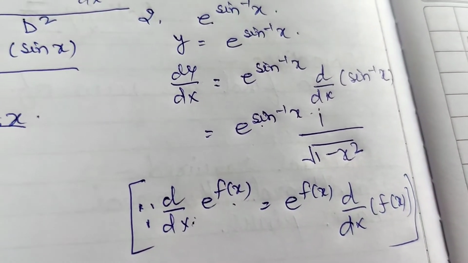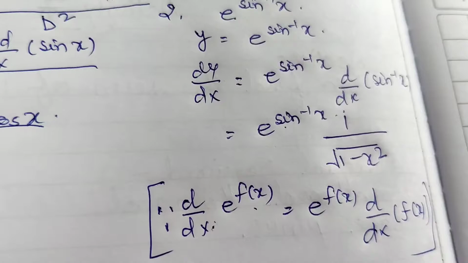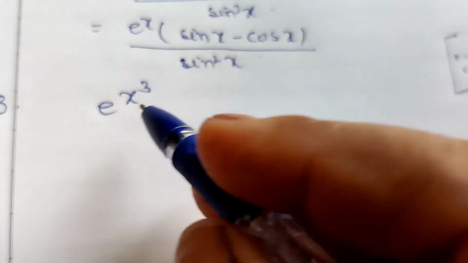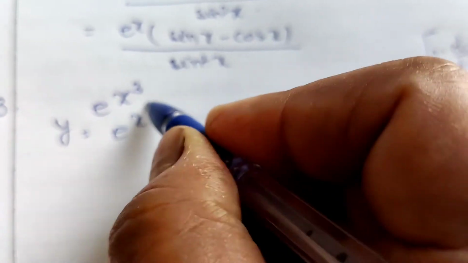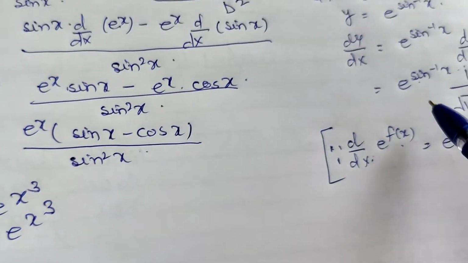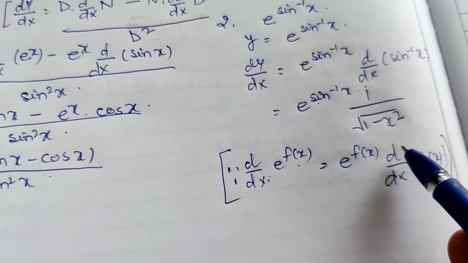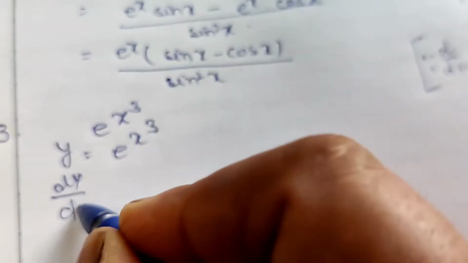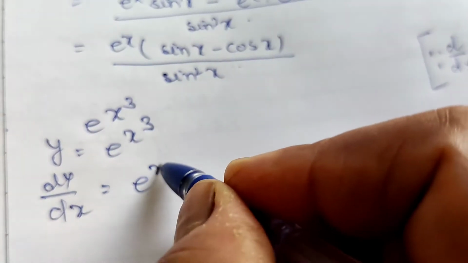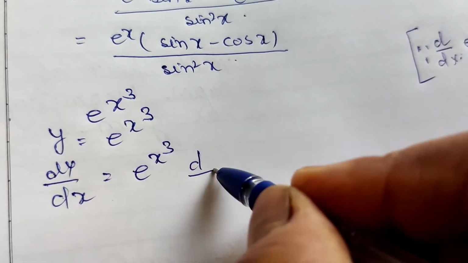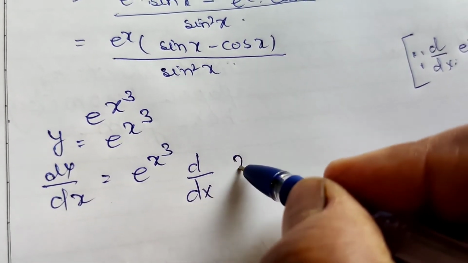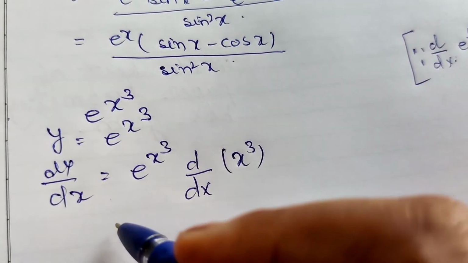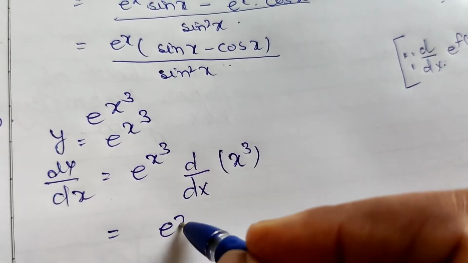Now question number 3. E raised to power x cube. Let y equal to e raised to power x cube. The same rule applied like in question number 2. The same, dy over dx equals e raised to power x cube times d over dx of x cube.